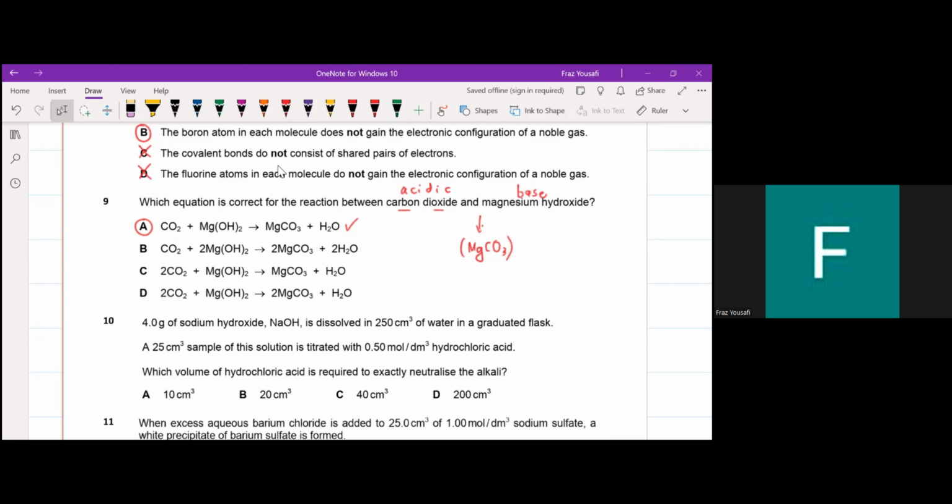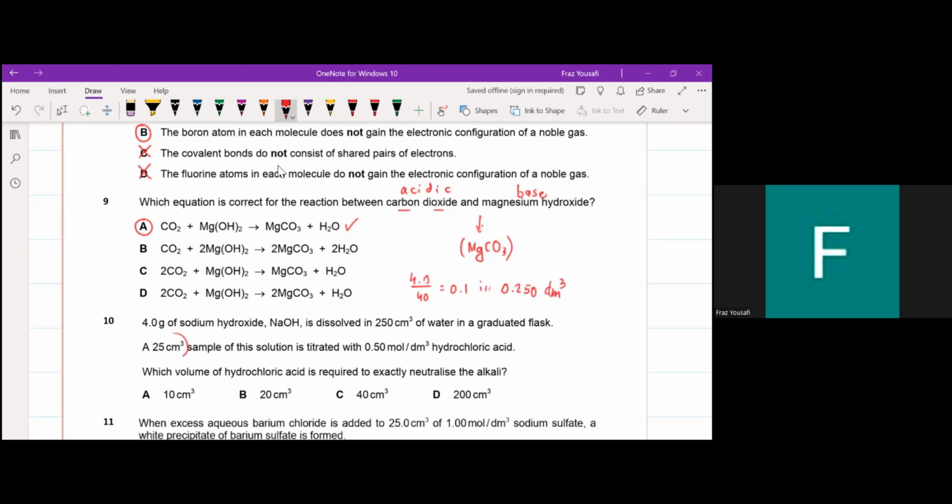So here's the catch. First things first. This is how you find the moles of your NaOH. 4 divided by 40, the Mr, you get 0.1 moles. But again, this 0.1 mole is in 0.25 dm cubed.